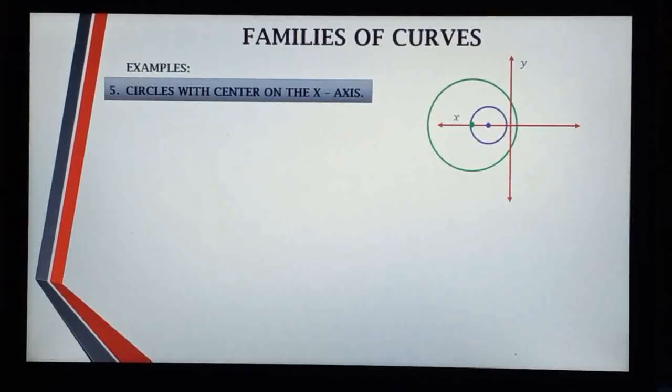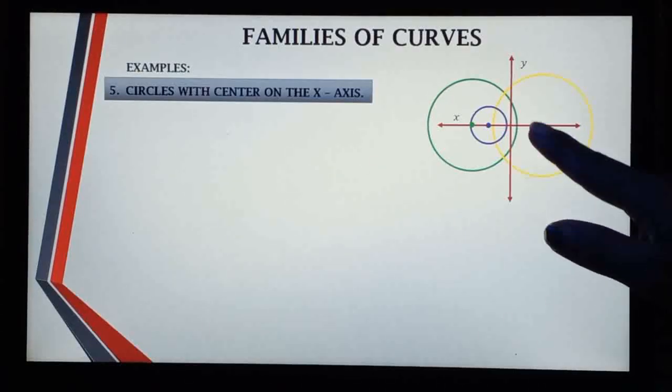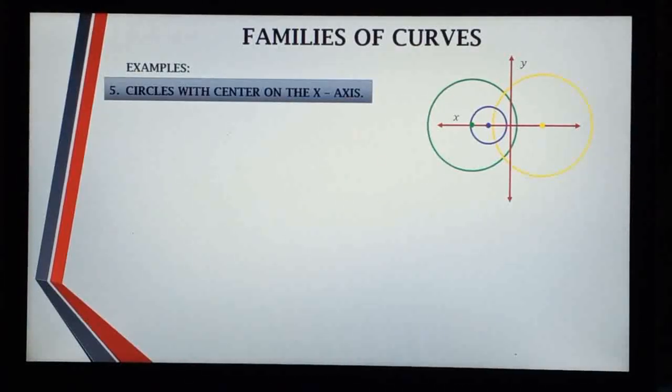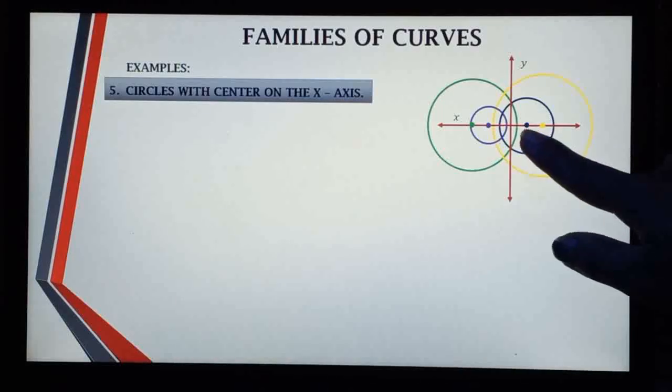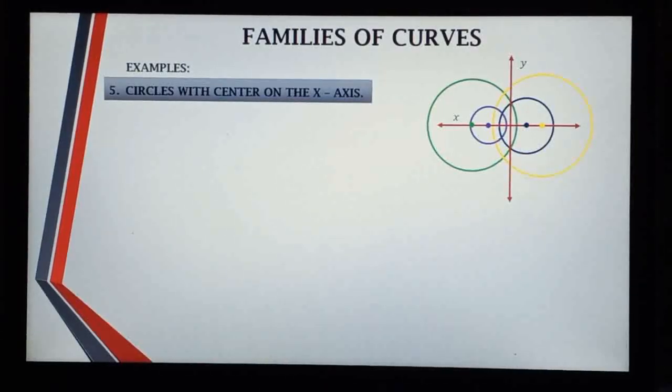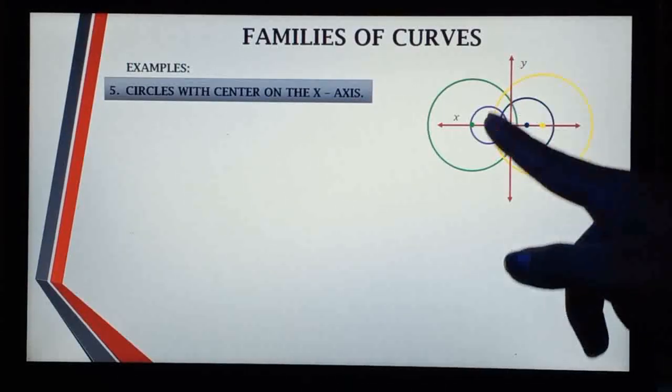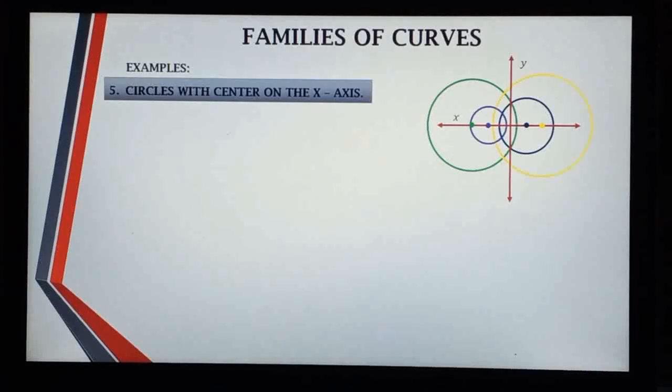Then another circle, nandun pa din yung center niya sa x-axis. And lastly, andun pa din yung center niya sa x-axis. Kung mapapansin nyo, basta yung center niya nandoon lang sa x-axis, tapos kahit ano yung size ng circle, pwedeng maliit or pwedeng malaking circle. Basta dapat yung center niya nandun lang sa x-axis.